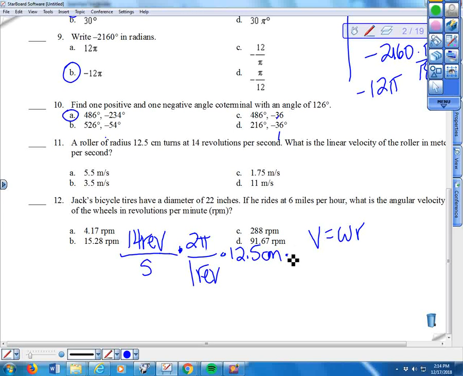So then I multiply that by 1 meter per 100 centimeters, and then cancel my units. 2 pi is unitless. So that should give me meters per second. 14 times 2 times pi times 12.5 divided by 100. 10.99, call it 11.